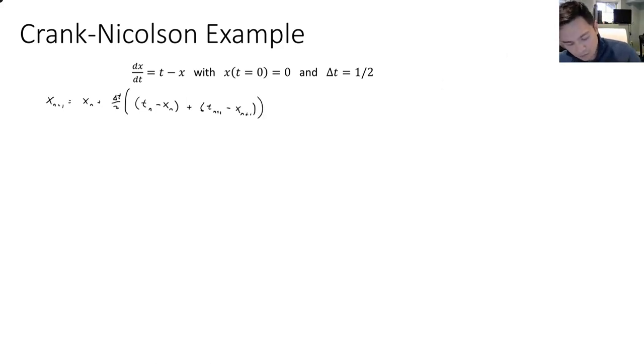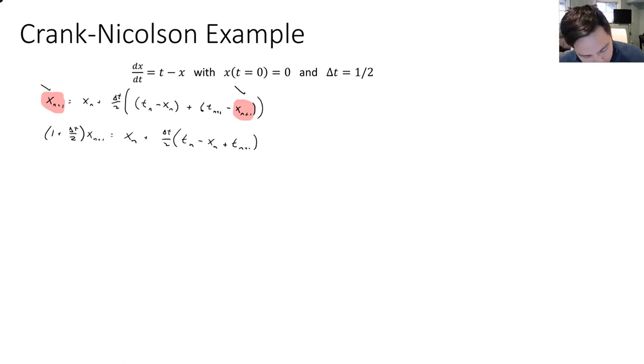Okay, we have an x of n plus 1 term here, and an x of n plus 1 term here. We're going to move the one on the right-hand side to the left-hand side. That's going to give us 1 from our term on the left-hand side, plus delta t by 2 from our term on the right-hand side, times x of n plus 1 is equal to x of n, plus delta t by 2 times t of n minus x of n plus t of n plus 1.